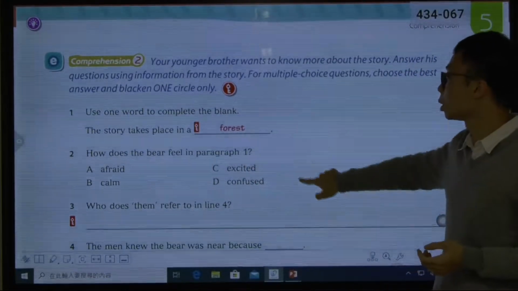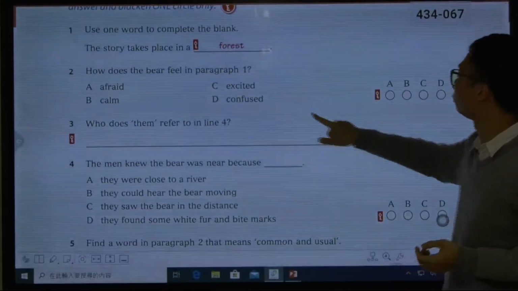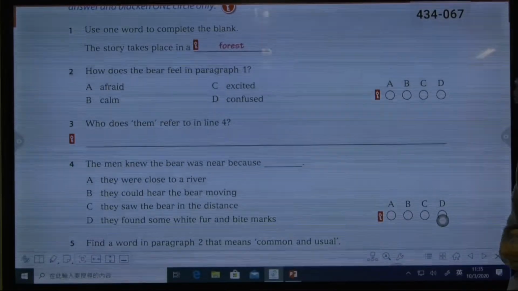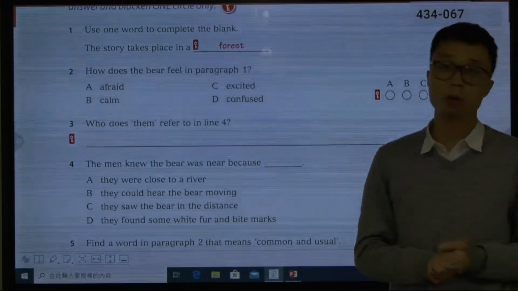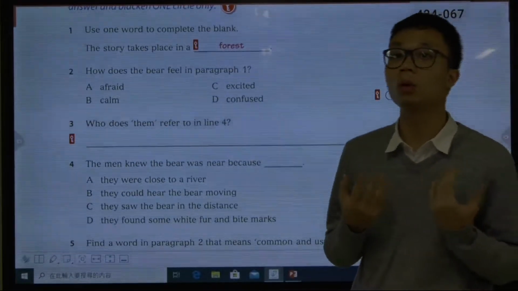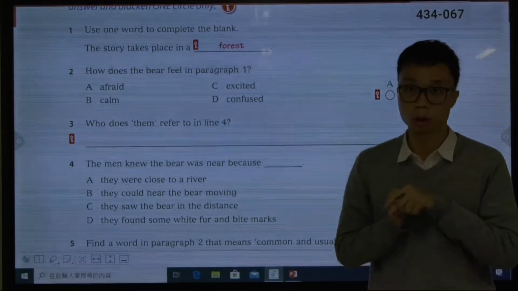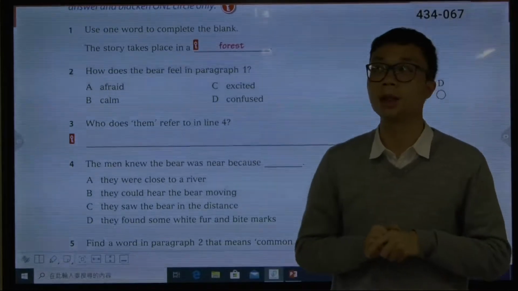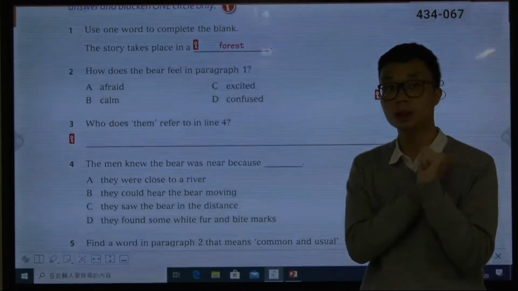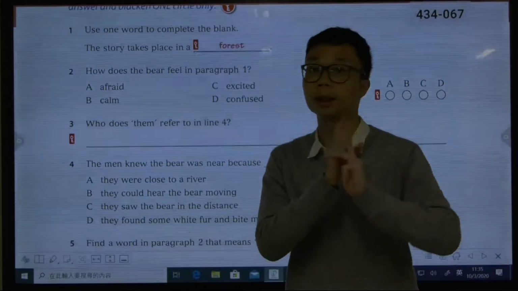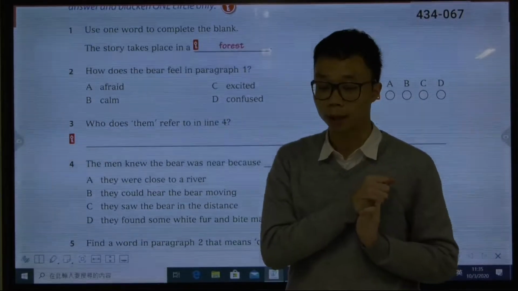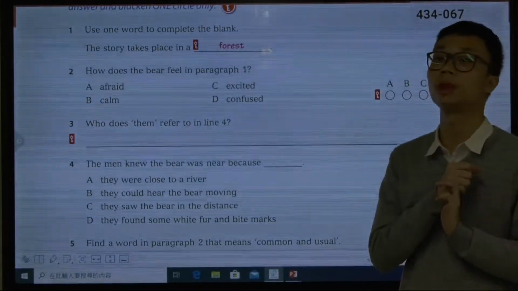Number 2. How does the bear feel in paragraph 1? When you talk about feeling, what kind of word are you looking for? A part of speech: is it a noun, a verb, or an adjective? I'll give you a quick moment to think about this one.